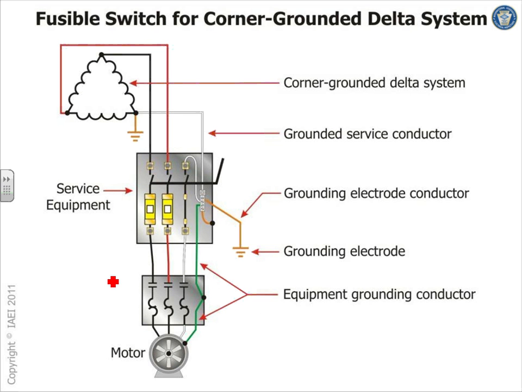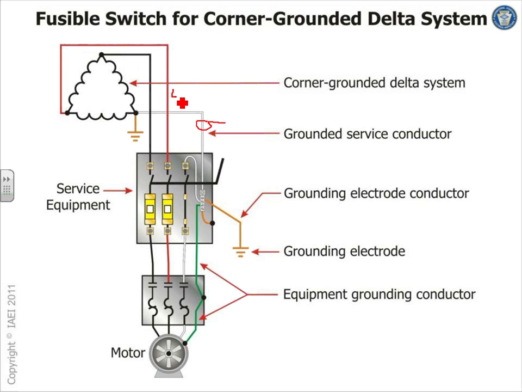We talk about how to size a grounded conductor 90% of the time. What happens if you have a corner grounded delta like this? Phase B right here is a grounded conductor, but in this case it cannot be less than any other phases of the system.